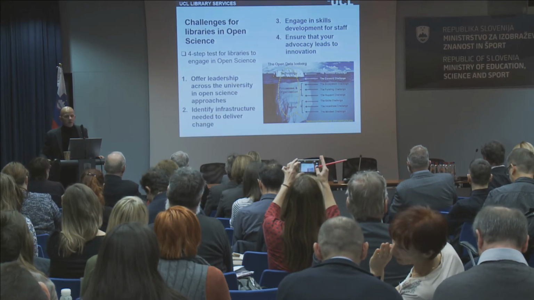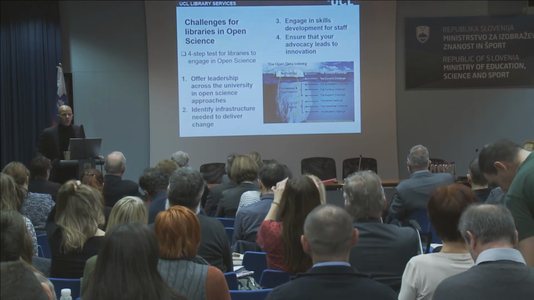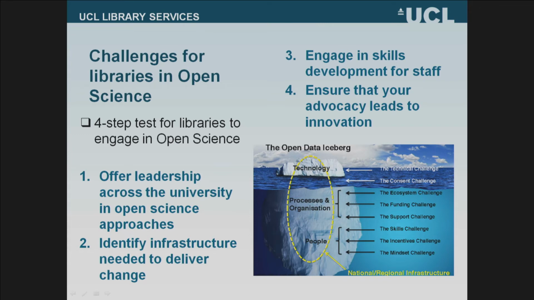Identify the right infrastructure needed to deliver changes in terms of technical infrastructure, staff, and resources of all kinds. Engage in skills development for your staff, and how these skills are going to be built. Ensure that your advocacy leads to innovation, not only across your unit or your library, but across the whole institution.